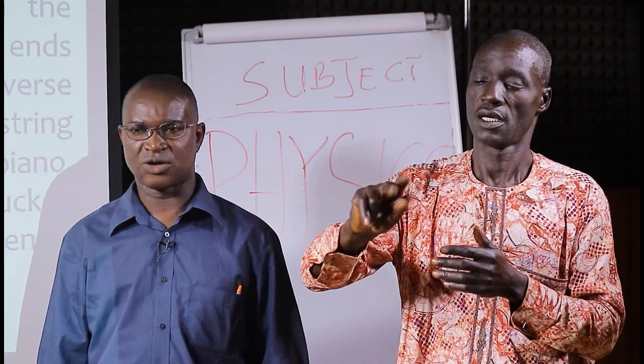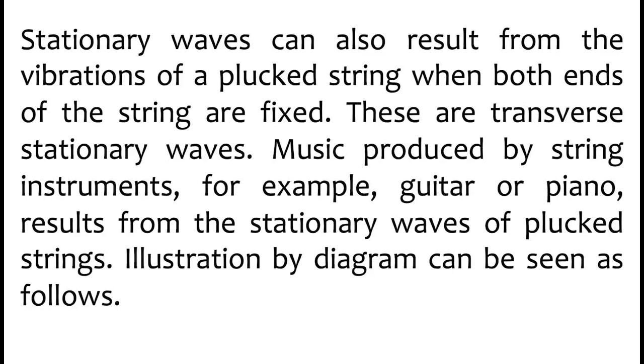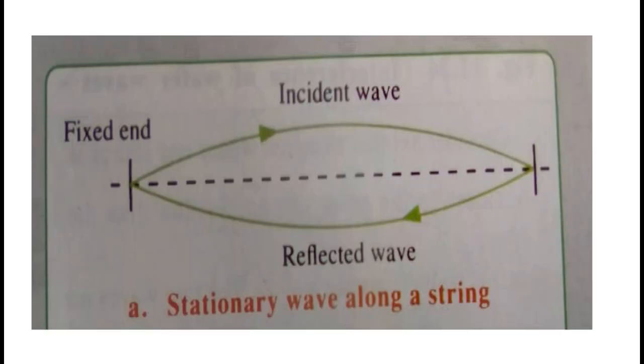The first one is a longitudinal stationary wave. The second one is a transverse stationary wave. Example of production of transverse stationary waves, music produced by string instruments, for example, guitar or piano, result from the stationary waves of plucked strings.